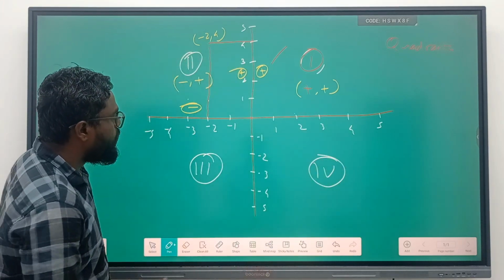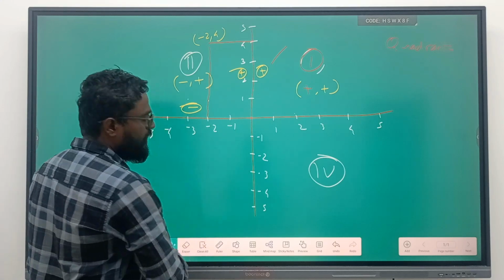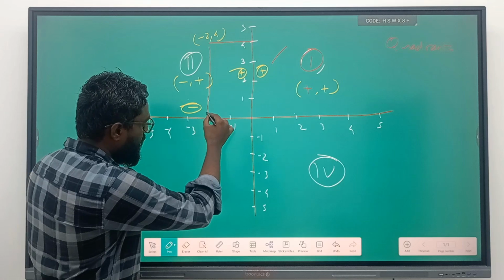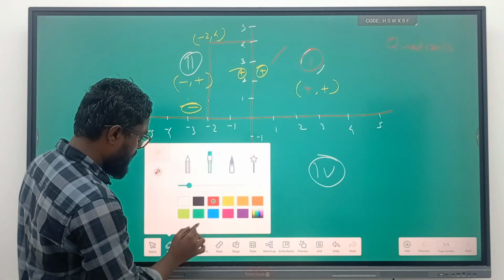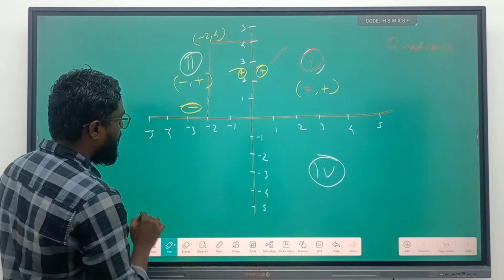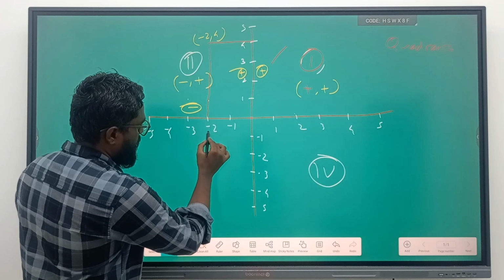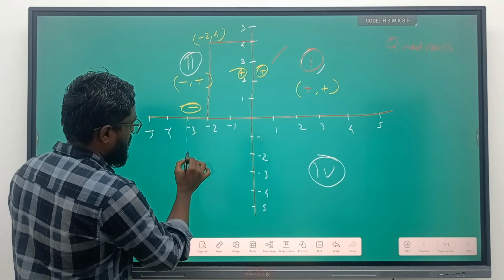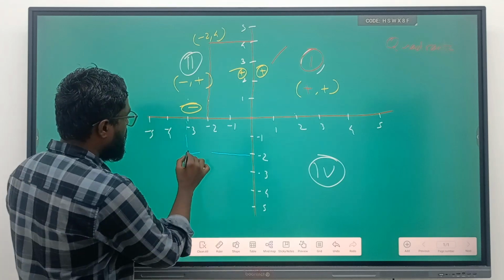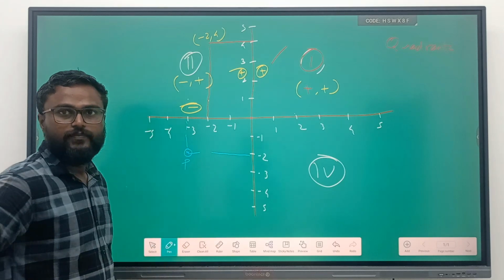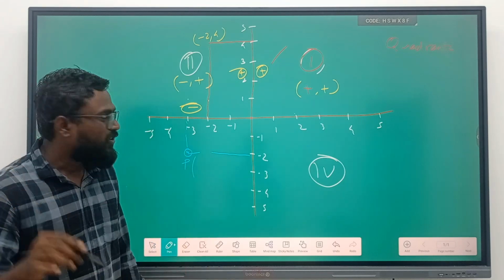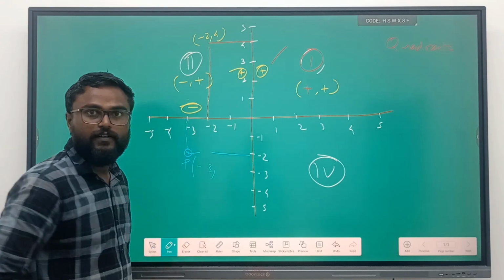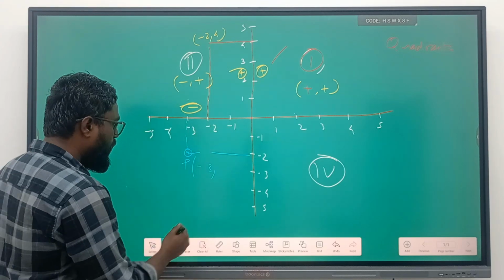Now, let's move on to the third quadrant. I'll just remove this so that I can take an example. Let's say if I take this, -3 and -2. If this is a point, any point P, what is my x coordinate? My x coordinate is -3. What is my y coordinate?